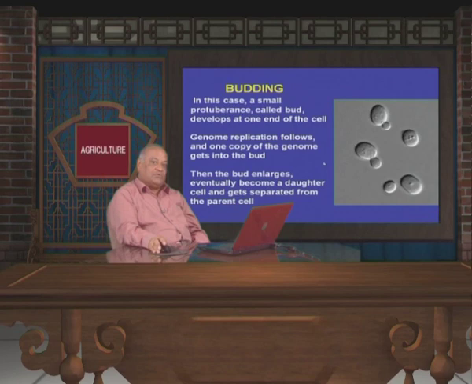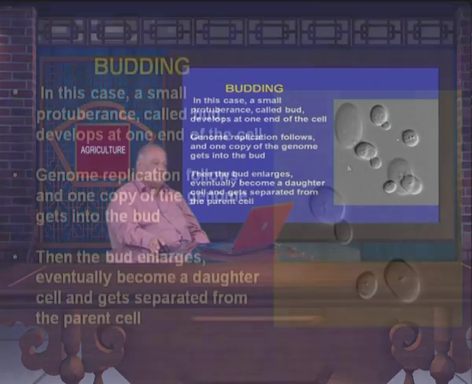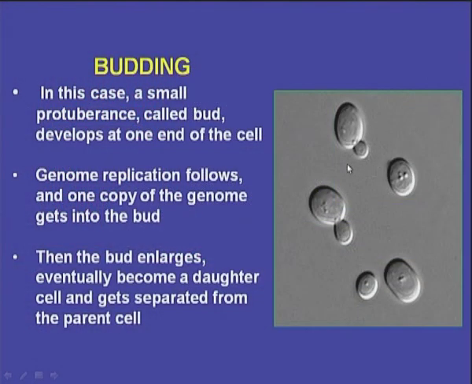In the case of bacterial cells, budding is also there, and the bacterial cell shows a small protuberance called a bud, which develops at one end of the cell as we are seeing here. Genome replication follows, and one copy of the genome gets into the bud, and then the bud enlarges, eventually becomes a daughter cell and gets separated from the parent cell, and they become two.